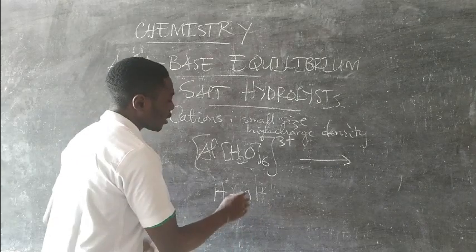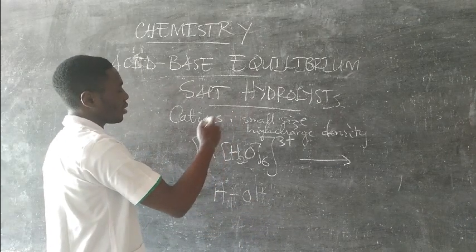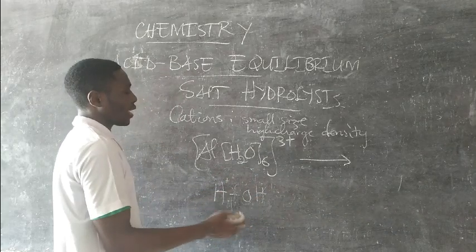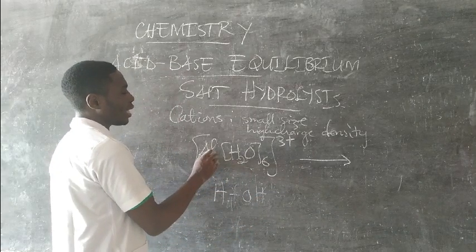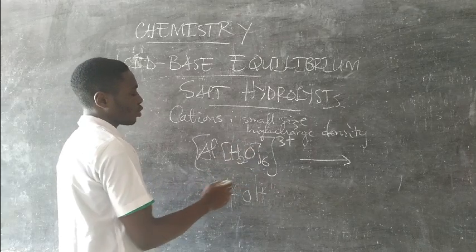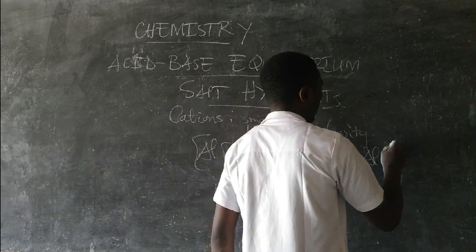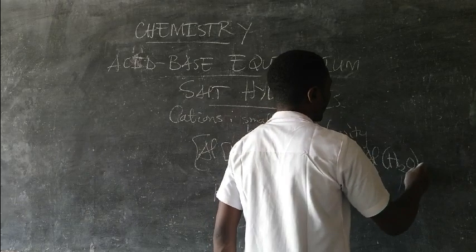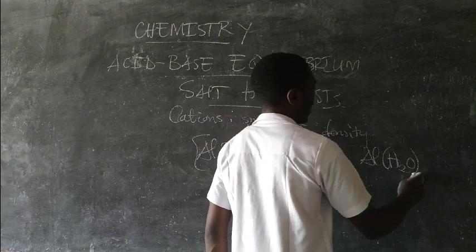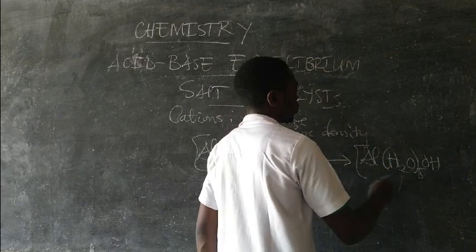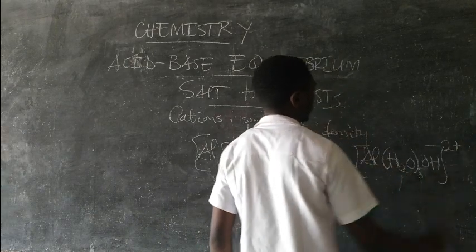Now remember, I said for salt hydrolysis, the species reacts with water and the OH ions remain intact. So once that Al 3 plus polarizes the water molecule, we are going to obtain aluminium with 5 water molecules and an OH minus ion, which remains intact, and the charge now becomes 2 plus.